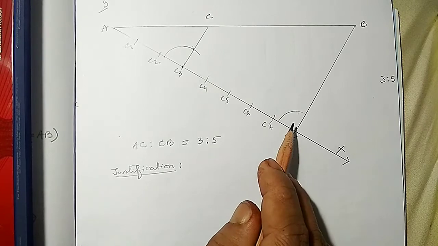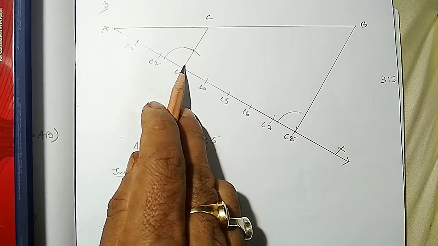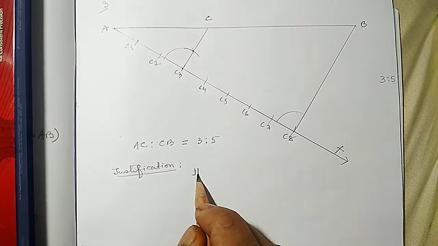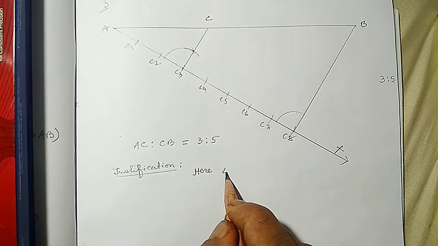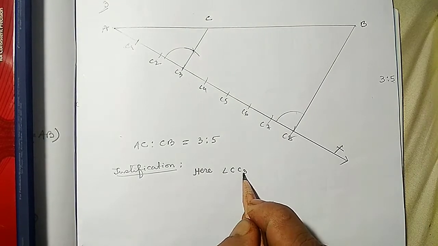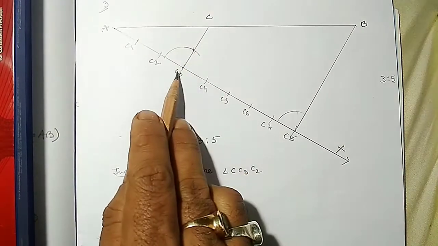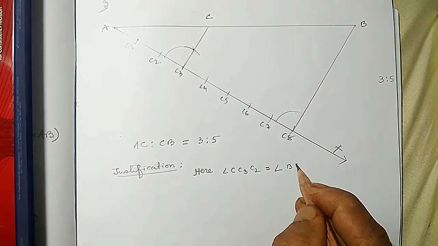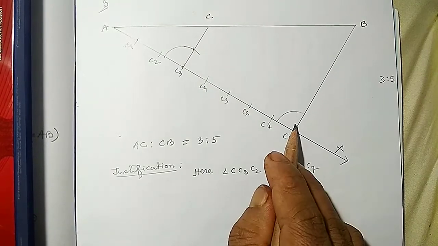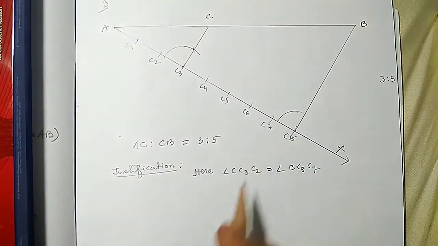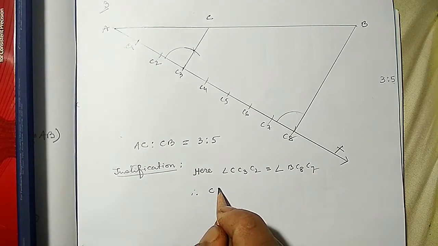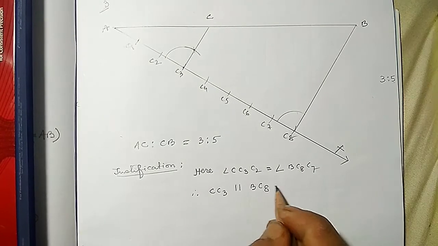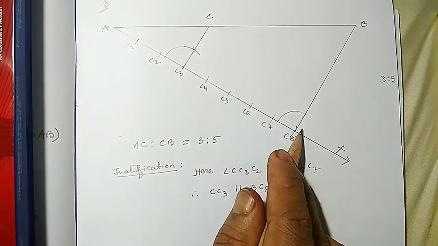So here, since we have drawn this angle equal to this angle, this line and this line are parallel. So we can write here angle C C3 C2 equals angle B C8 C7. Therefore, C C3 is parallel to B C8 because corresponding angles are equal. So these two lines must be parallel.